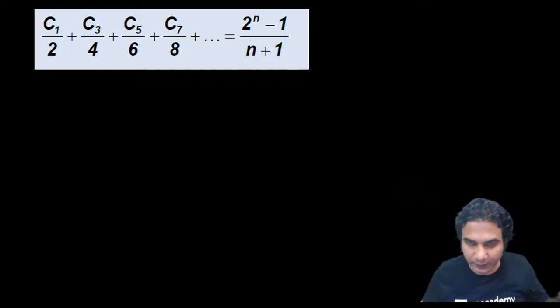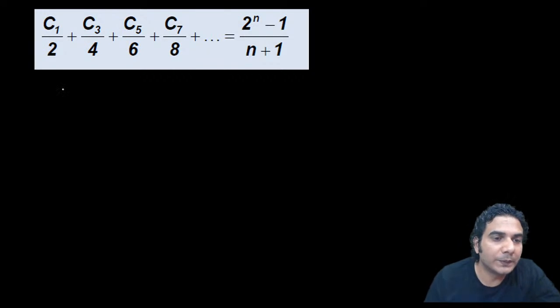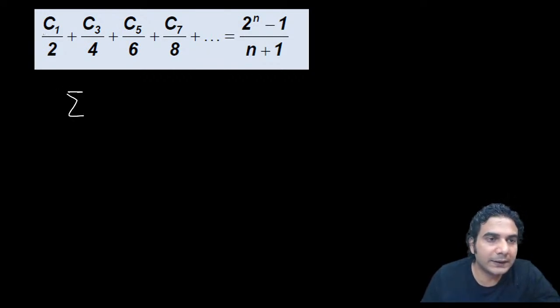All right, so let me do it now. Write this in sigma form. Sigma of this, NC1, NC3, so the general term will be NC of 2r minus 1, then you will have to start r from 1, or you can take 2r plus 1, then you can start r from 0.